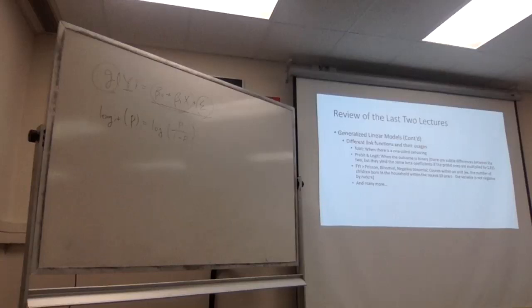But they yield the same beta coefficients if the probit ones are multiplied by 1.18 in the probability scale. If you change the odds scale to the probability scale, they are basically the same things.